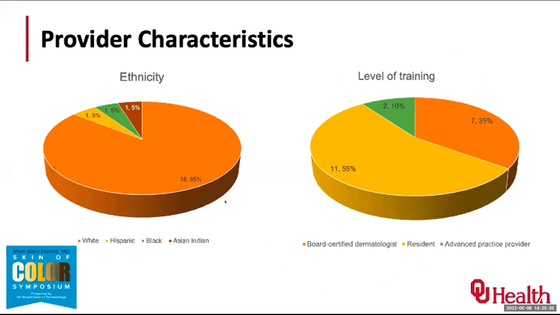And here we have another pie chart showing the ethnicity of our providers. So 85% are Caucasian, followed by 15% either Hispanic, Black, or Asian Indian.